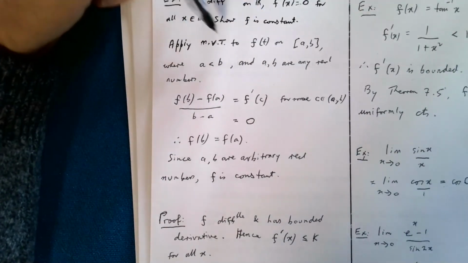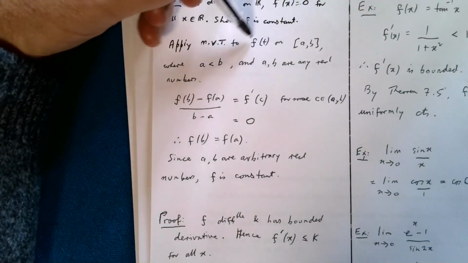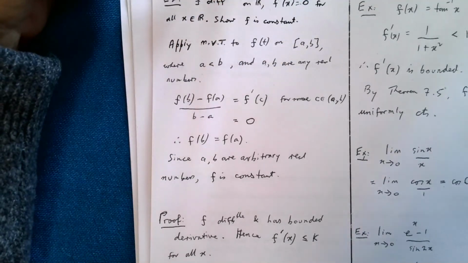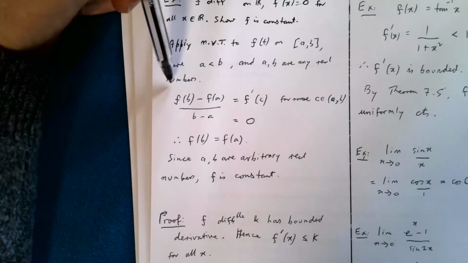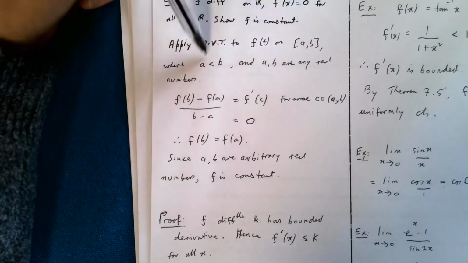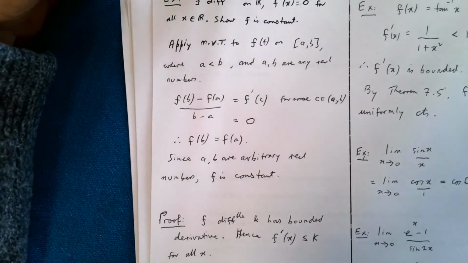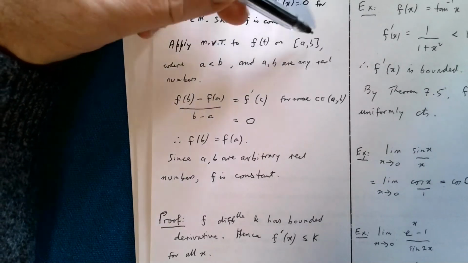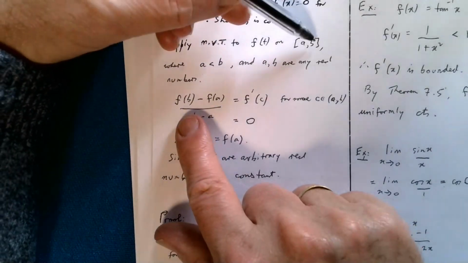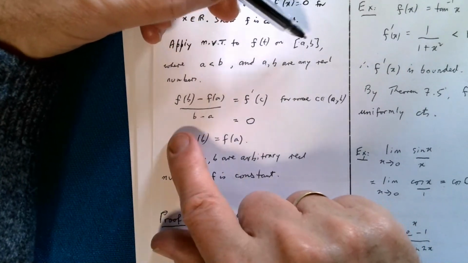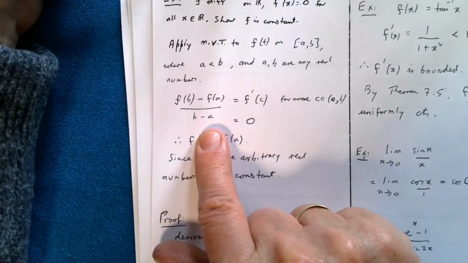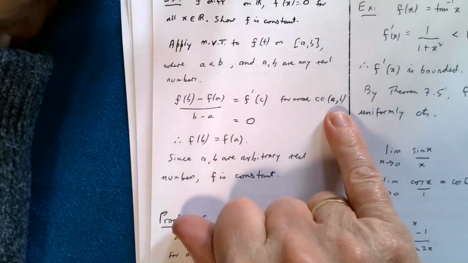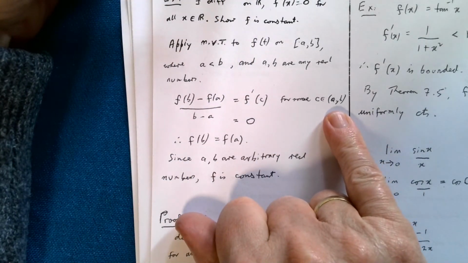So again, I'm going to apply the mean value theorem to this f of t on the interval ab, where a and b are any numbers you like, but to make sense of this, I just need a less than b. So we take any numbers we like, a and b, a less than b, and I'm going to apply the mean value theorem. So we have f of b minus f of a over b minus a, as usual, equals the derivative at some point c inside this interval ab.